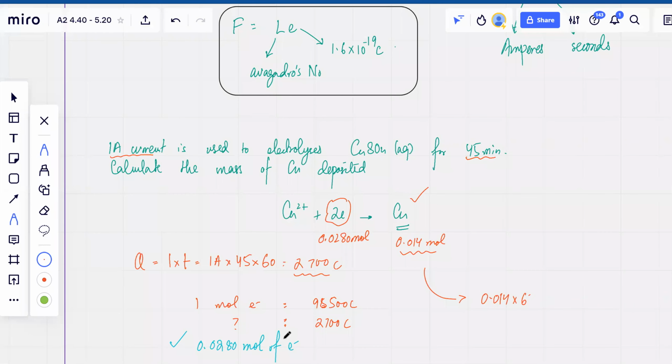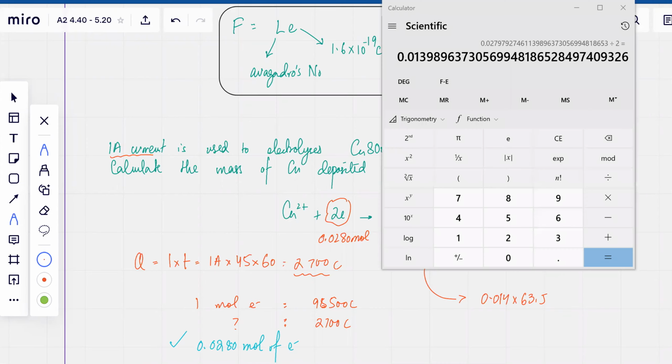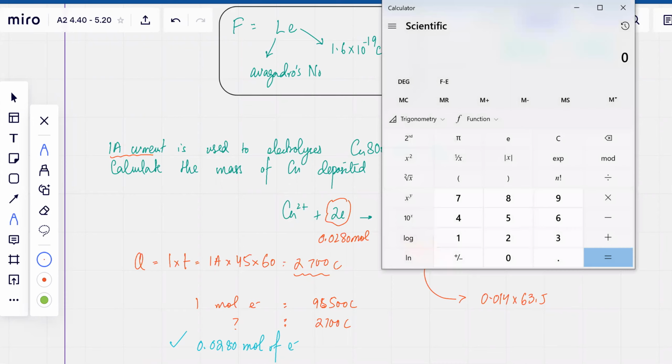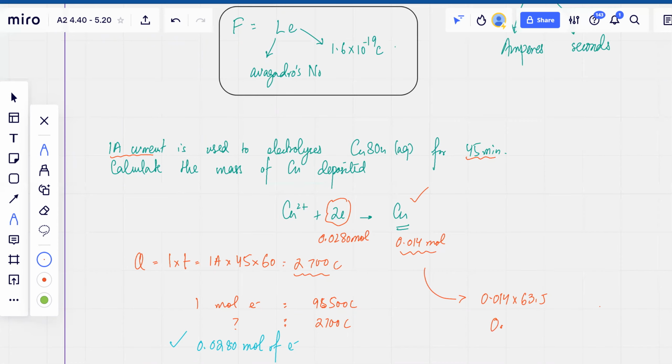And what mass do we get? 0.882. So you're getting 0.882.